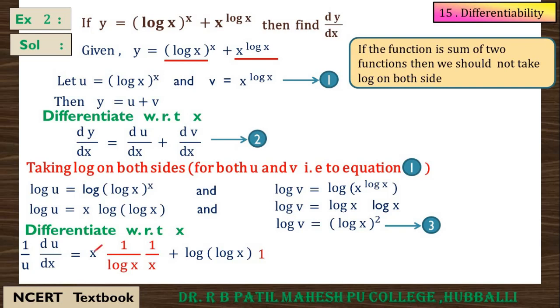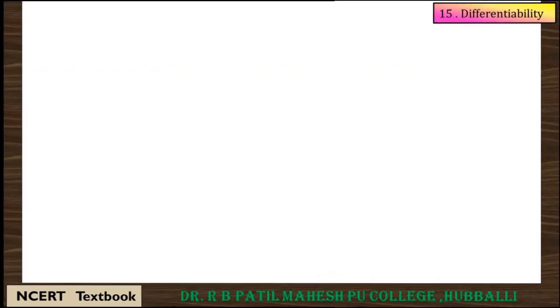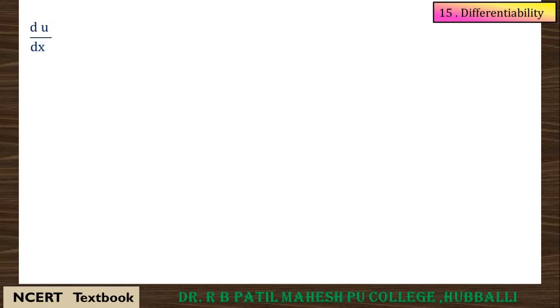So here x and x get cancelled. Transferring u to the right side, du by dx is equal to u into bracket 1 upon log x plus log of log x.